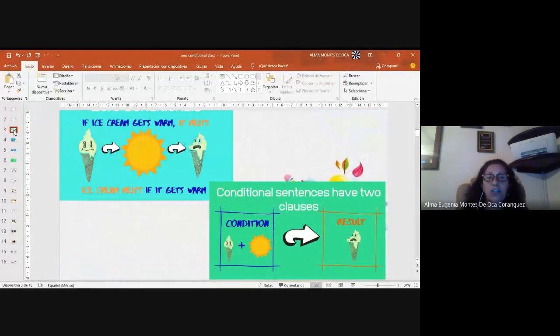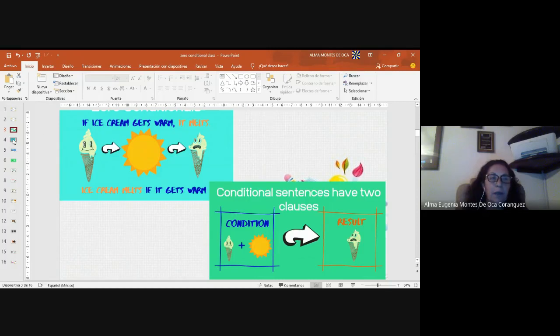Zero conditional talks about natural laws, something that always happens as a consequence of something else. Example: if ice cream gets warm, it melts. Ice cream melts if it gets warm. A conditional sentence has two clauses, the condition and the result. The condition is the ice cream gets warm and the result is it melts.